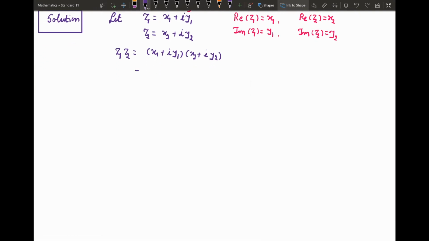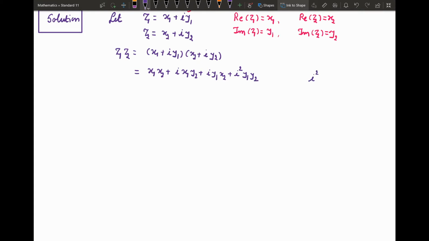Now this is ordinary multiplication, so x1 into x2 plus i x1 y2 plus i y1 x2 plus i into i square y1 y2.